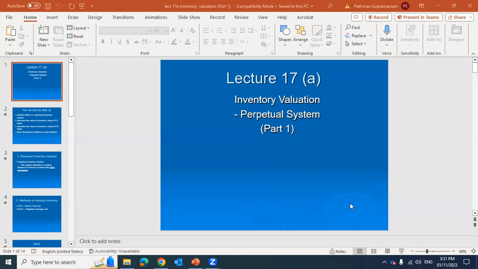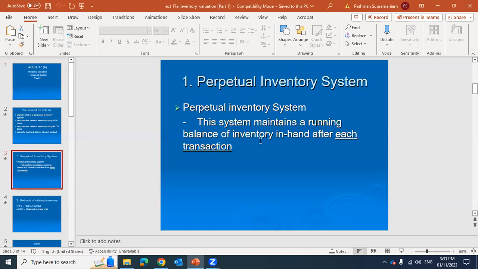So in the perpetual system, this system maintains a running balance of inventory in hand after each transaction, which means to say, we are going to calculate the inventory balance each time there is a transaction. A transaction could be either inventory coming in or inventory moving out.